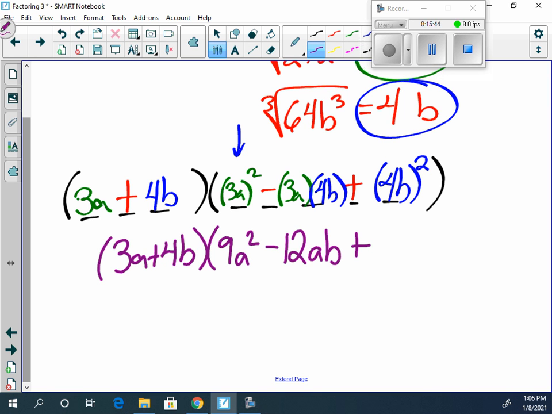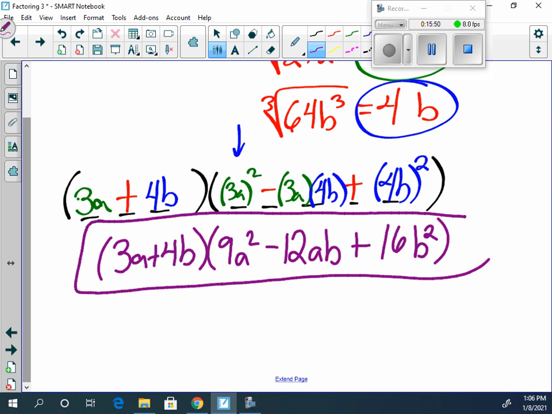And lastly would be 4 squared, which is 16, and then we have b squared. Any questions on any of this here? Are we good with these here?